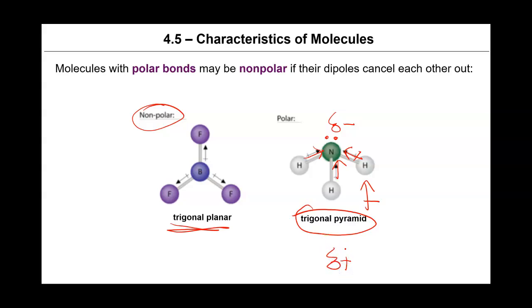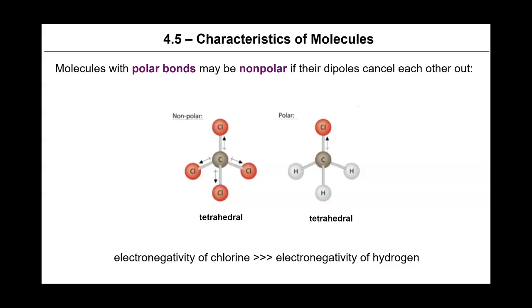So here's an example where we have two molecules both with tetrahedral geometry, so four attached atoms and no lone pairs. This molecule is nonpolar. We have two bonds that are pulling electrons down and to the left, and down and to the right. And then we have one bond that is pulling down.